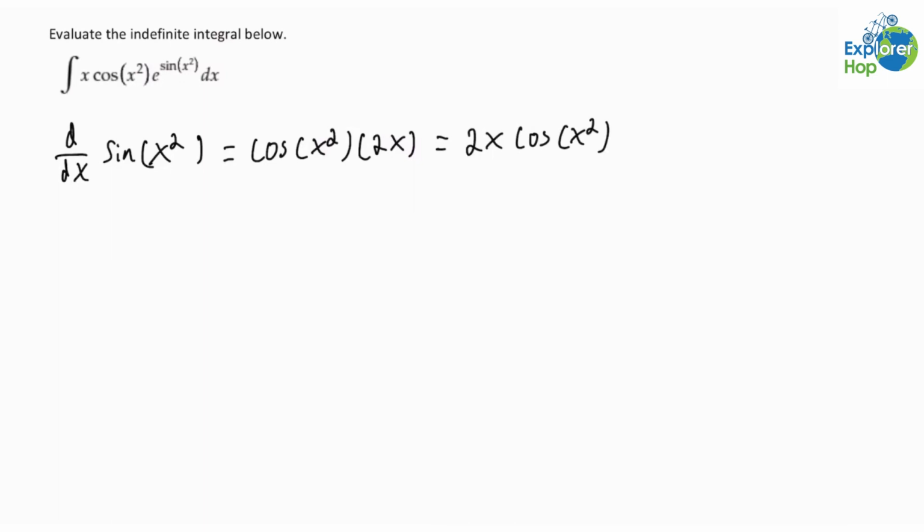And we can see that we have an x times cosine of x squared term in the integral. So this means that we can apply the method of substitution to find the antiderivative of this function.